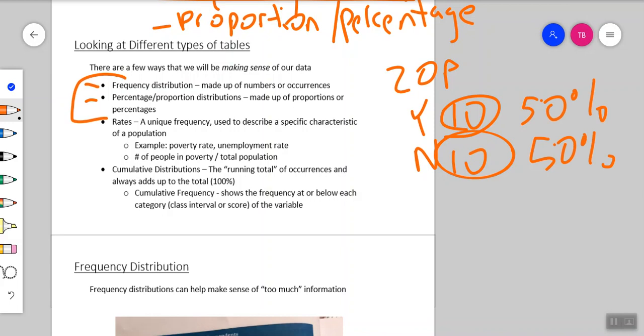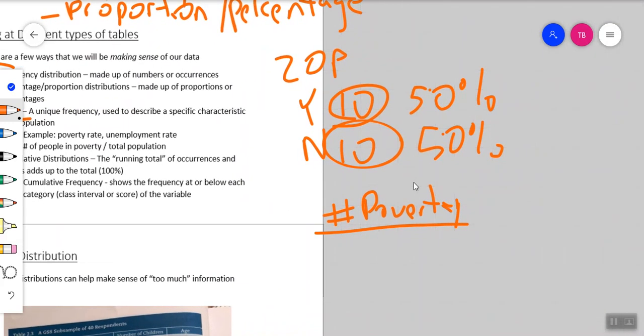And then the second two are subcategories of that. This one being rates. We'll go into an example later, but basically, if you've ever heard on the news something like poverty rate or unemployment rate, all they're saying there is a specific type of one of these frequencies, and all you're going to do is put the number on top. In the case of the number of people in poverty on top, and below that would be the total population.